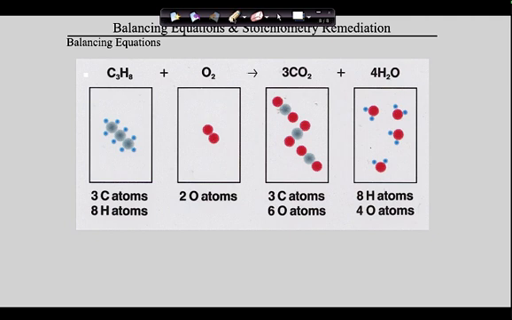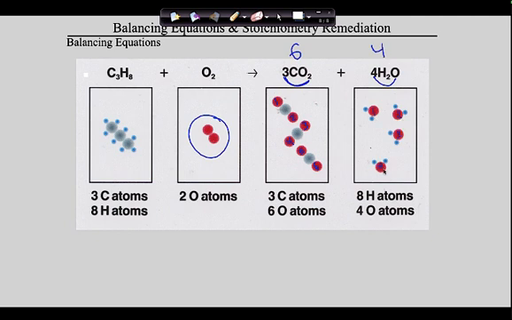So now finally we need to balance the oxygens. Here on the left we've got oxygen in packages of 2. Here on the right we've got oxygens in both products. So in the carbon dioxide we've got 3 times 2, which is 6. 1, 2, 3, 4, 5, 6. And then 4 times 1, which is 4. 1, 2, 3, 4.